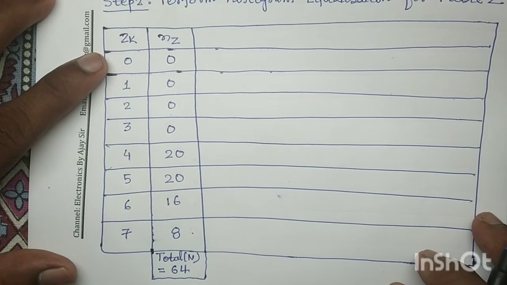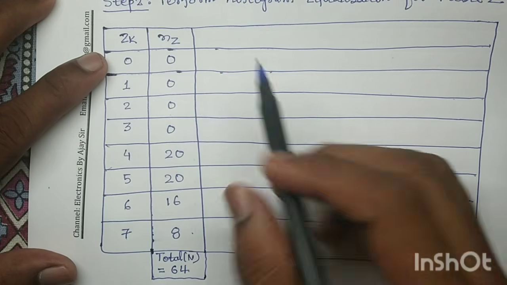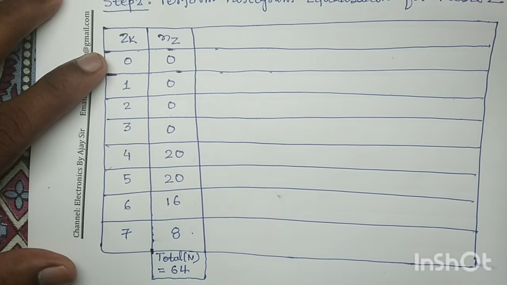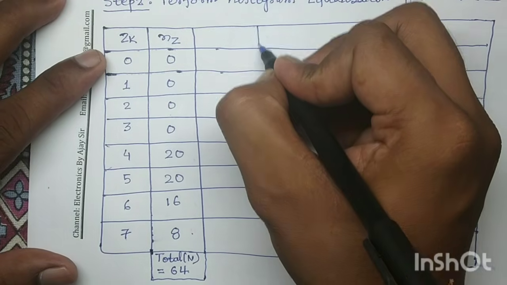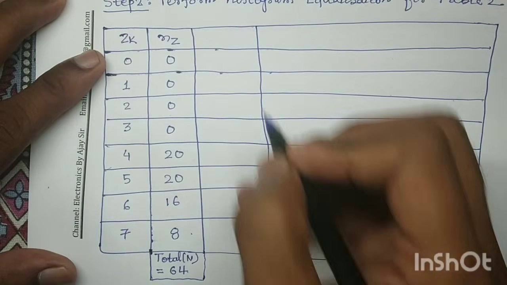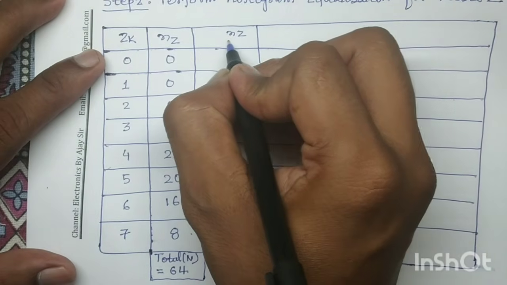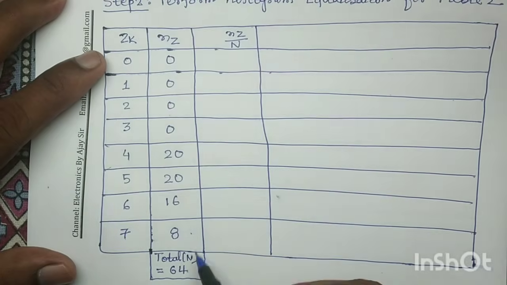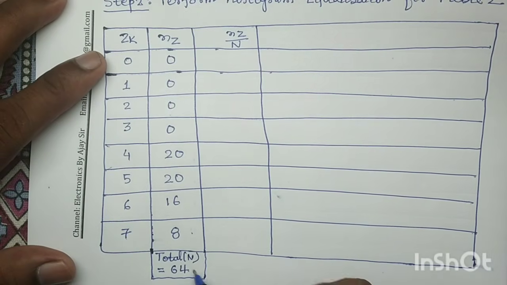So after writing ZK, the different gray labels for the target histogram, and NZ, the corresponding number of occurrence in histogram equalization, next we will normalize these numbers NZ. So for normalization, that is NZ by N, we will divide the corresponding number by the total number of pixels, that is 64.